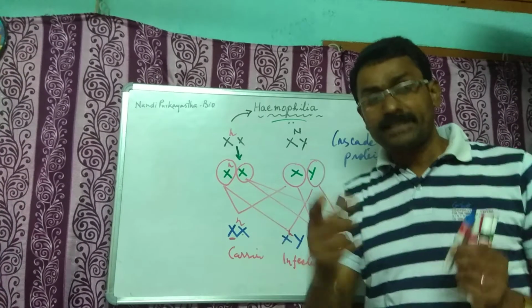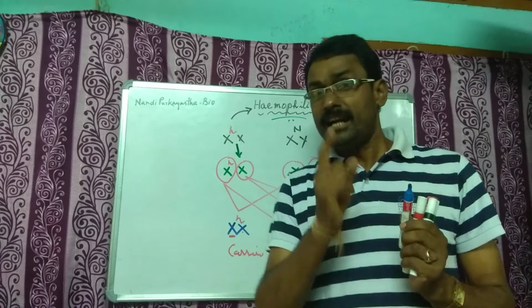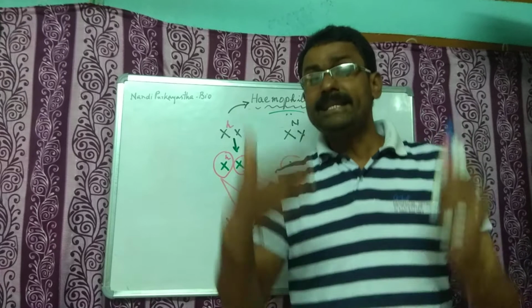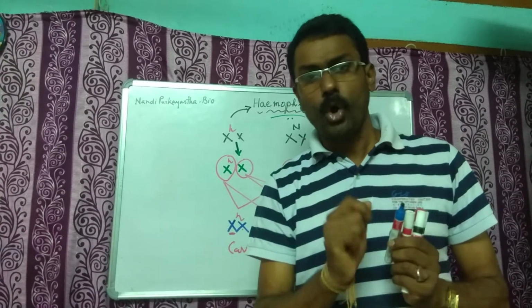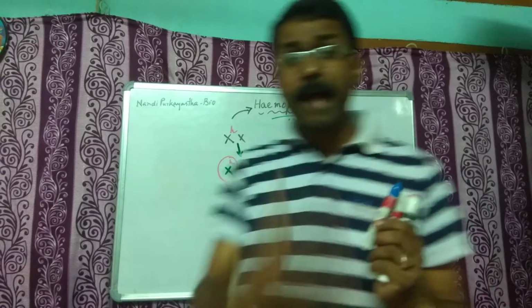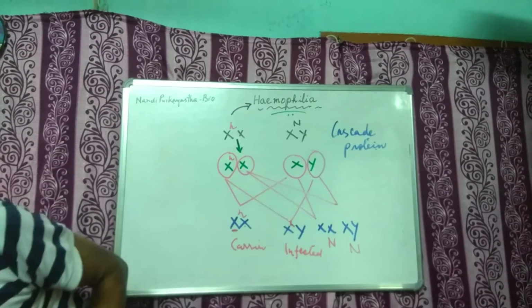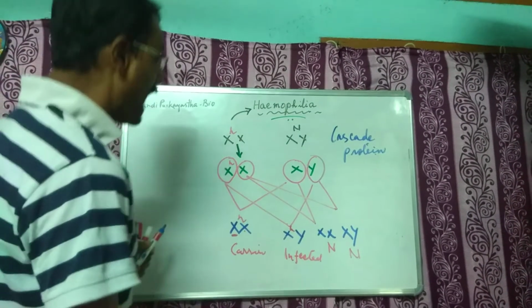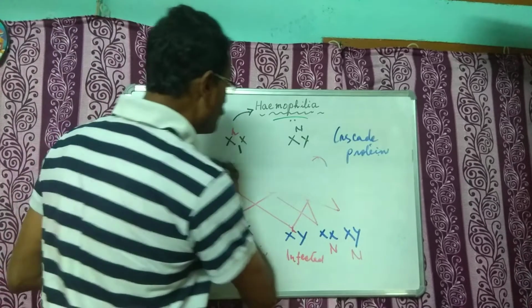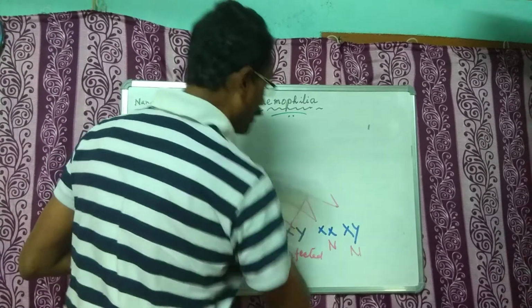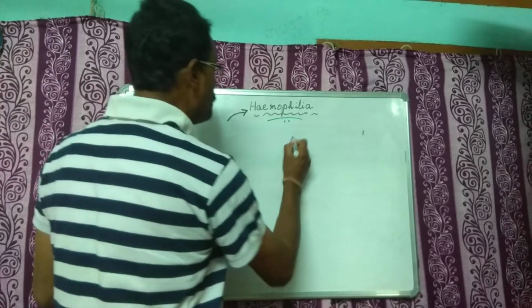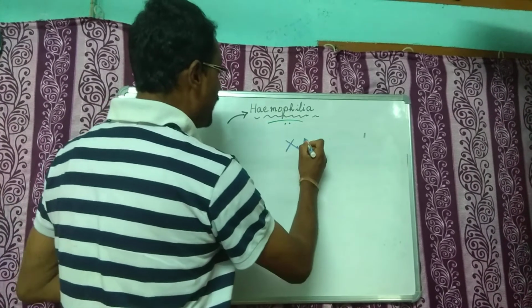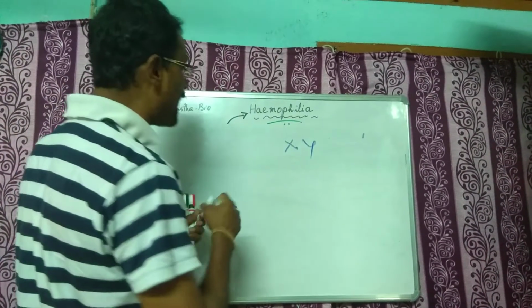Remember one thing: generally it doesn't happen in females. Let's see why it doesn't happen in females, and why it happens in males. Suppose I speak about a male. Now I'm going for another thing. Try to get it. I am telling you the male is affected: HY. Who is affected now?